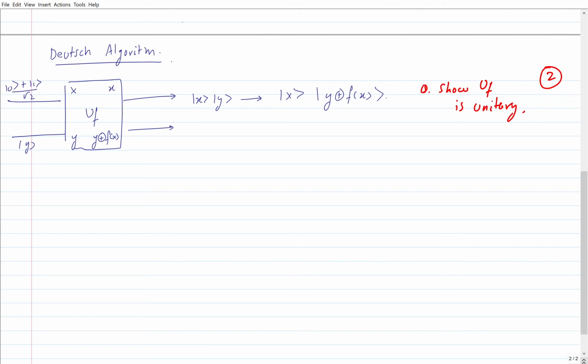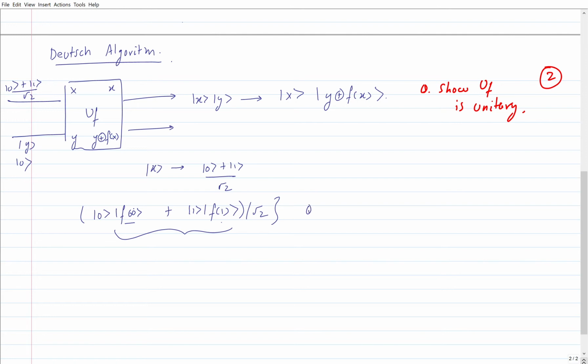Okay, and when x was this and let's say y was 0, we were evaluating, so this is an example, we were simultaneously evaluating both values of the function on a single use of the circuit.